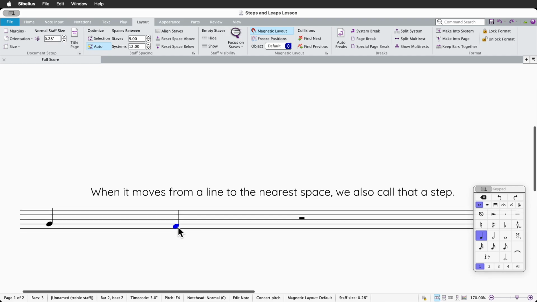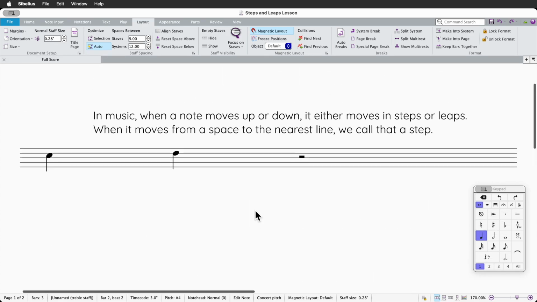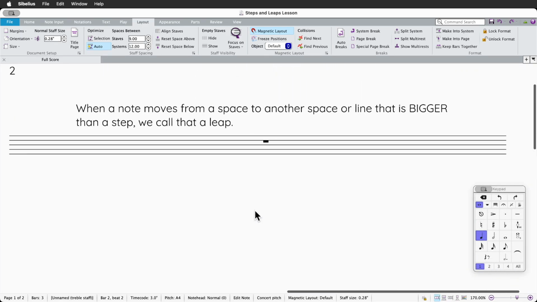If we want to go up a step from that G, you guessed it, we're going to go to the second space. So that is just going and moving by steps. As we get into more advanced music theory, and I'm talking about college level voice leading and harmony, really complicated stuff, we expand on our definitions of steps and leaps, but for our purposes today, that is going to be a step.